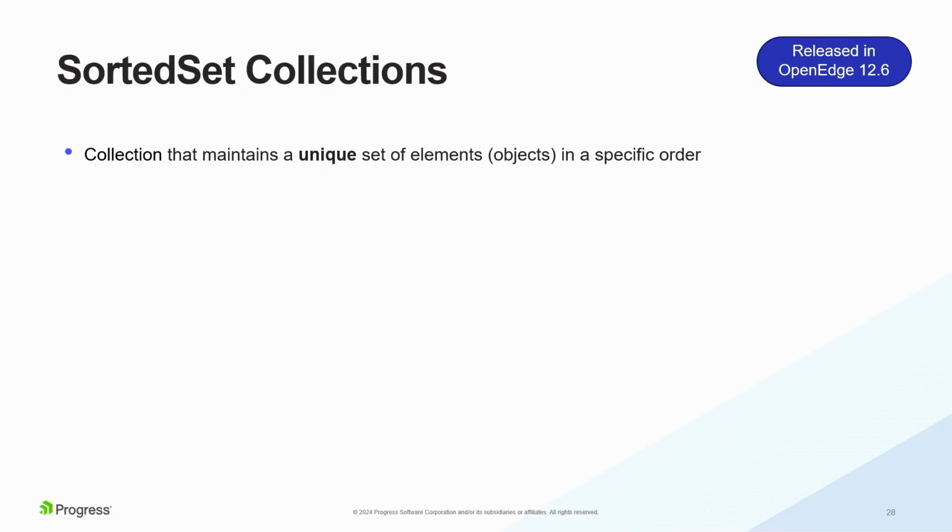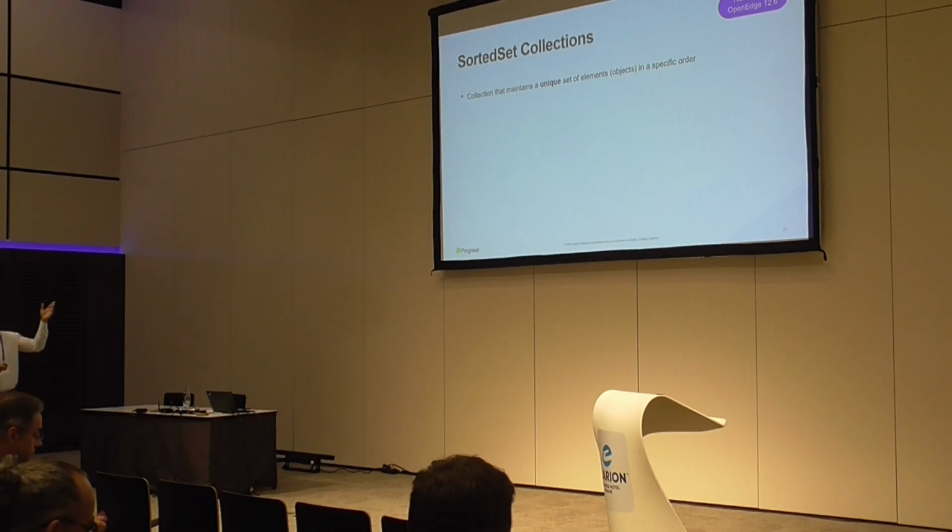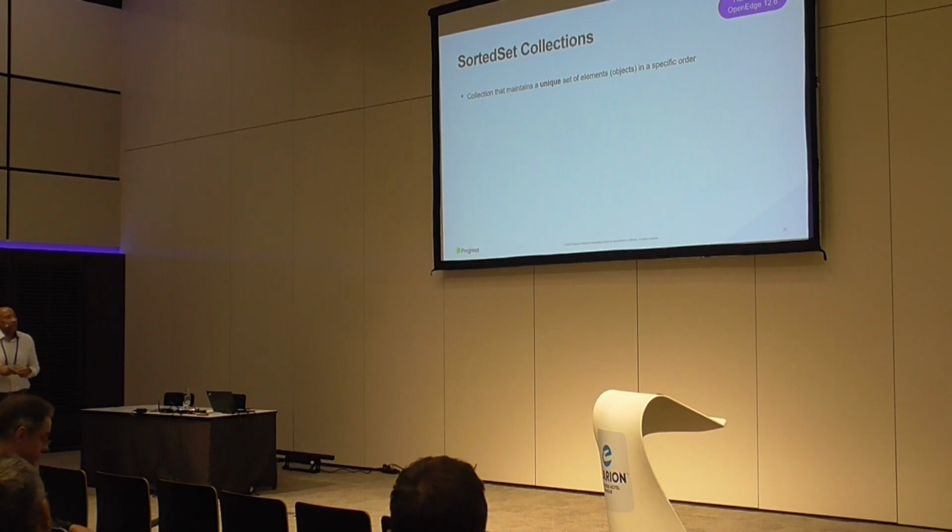All right, that was 12.5. After 12.6, we added support for the built-in sorted set collection. By definition, a sorted set collection maintains a unique set of elements or objects in a specific order.